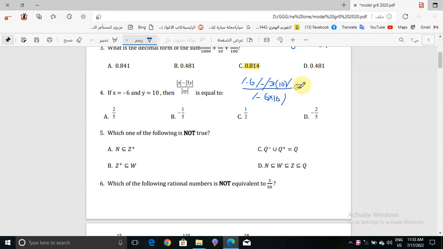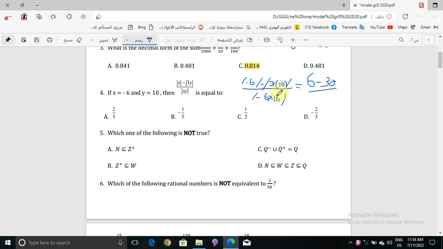Then the correct answer here will be what? If we take negative 6 out of the absolute value, it will be positive 6, right? So that means 6 minus 3 times 10, which is 30, over negative 6 times 10, which is negative 60 inside the absolute value.